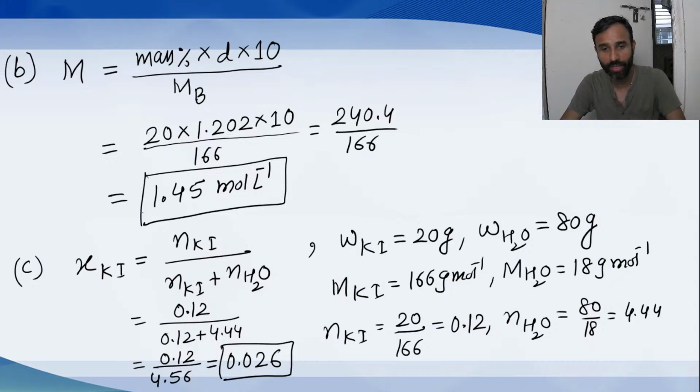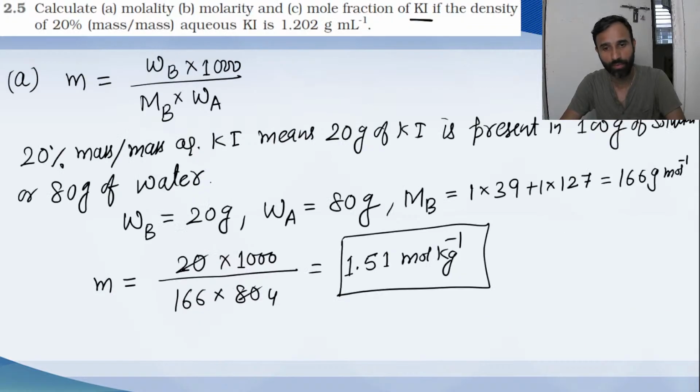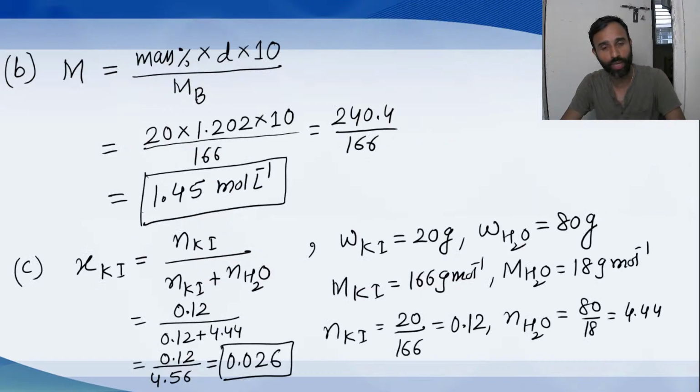Molality is 1.51 mole per kg, okay? Molarity is 1.45 mole per liter and mole fraction of KI is 0.026.